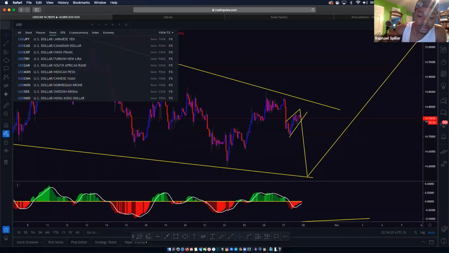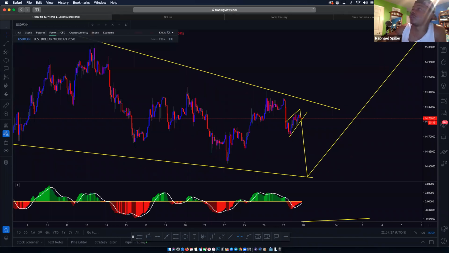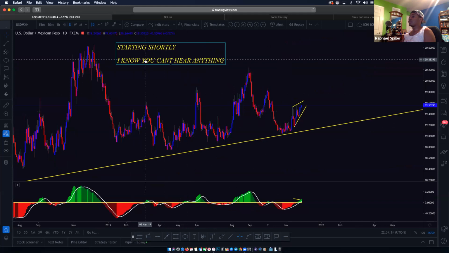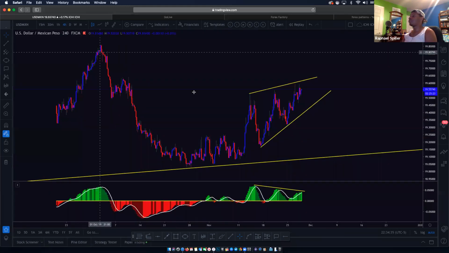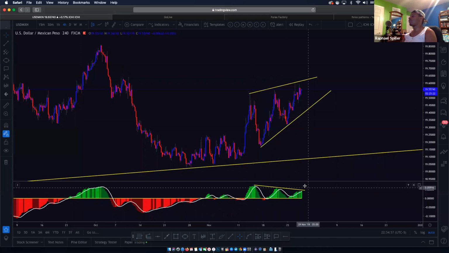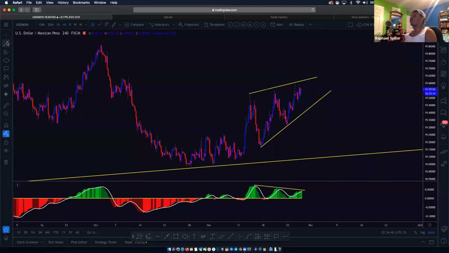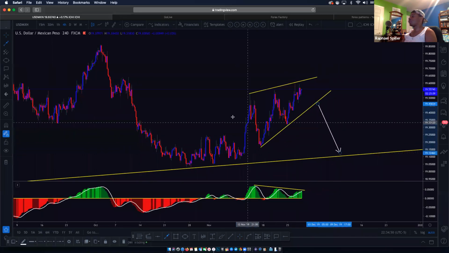All right, USD Mexican peso. I charted this one out already as well. On the Mexican peso, we definitely see divergence on the MACD and an ascending wedge, like we see here. Ascending wedge meaning that we're expecting this downward motion to happen again.